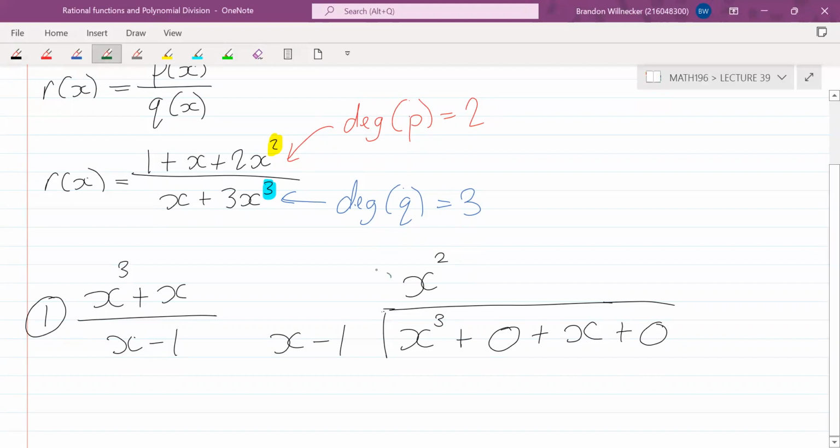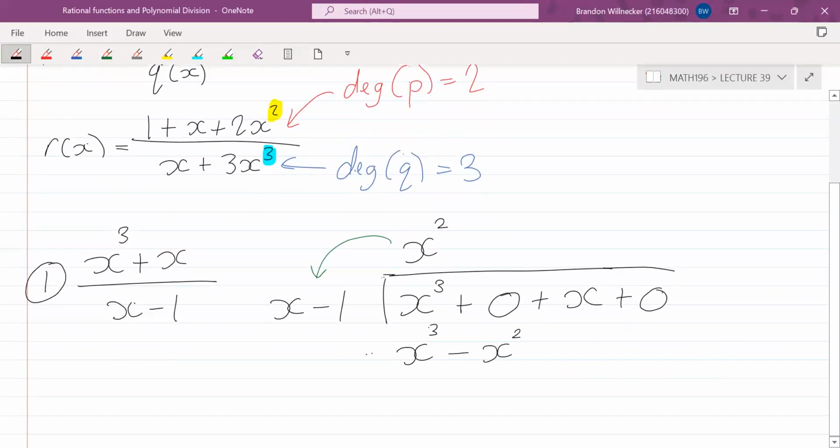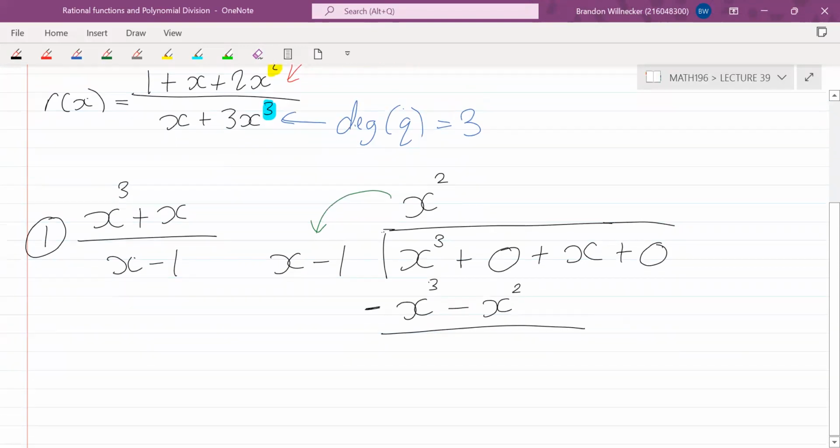We take our x squared term, we multiply it down, and we end up with x cubed minus x squared. Okay, that's just multiplying it down. Okay, exactly the same as you would have done with the numbers. Then we subtract. So x cubed minus x cubed, that's going to be 0. 0 minus x squared, that's going to be x squared. And we can take down the x.